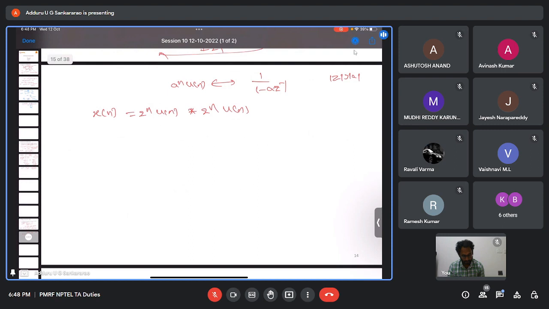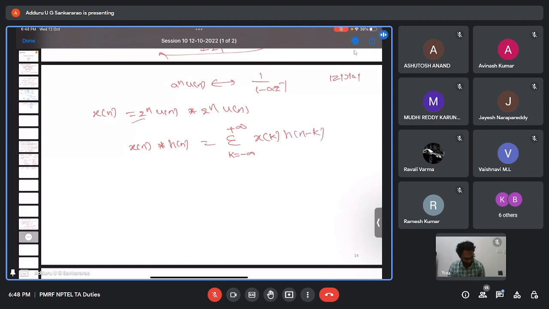So again we need to find the convolution. Convolution of x of n with h of n is sigma k equal to minus infinity to plus infinity, x of k h of n minus k.